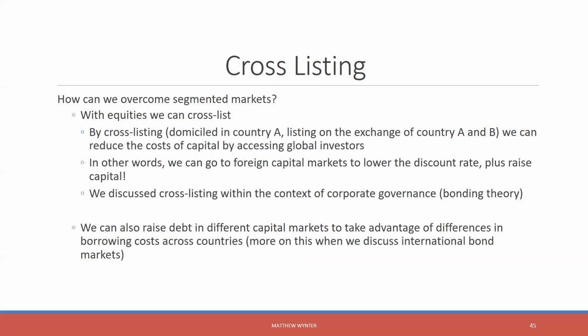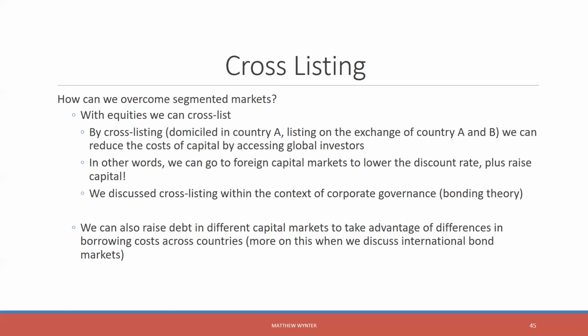We discussed cross-listing within the context of corporate governance when we talked about bonding theory. We're thinking about our debt. So if we go back to that WACC, if we go back to our weighted average cost of capital, remember we've got the return on our assets equal to the weighted return on our equity and the weighted return on our debt.